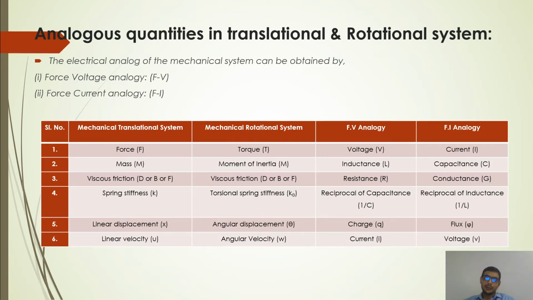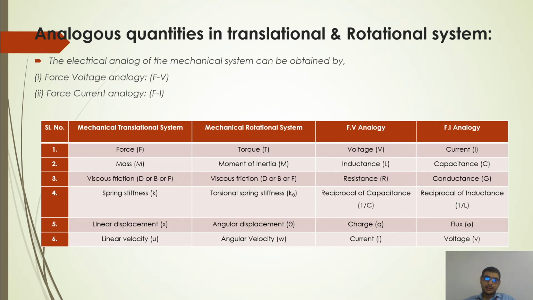If the force is equated to voltage, the analogous system is known as force voltage analogy, whereas when the force is equated to current, the analogous system is known as force current analogy. Let us look at the table below.